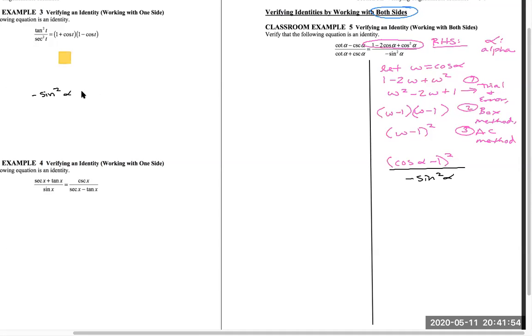For example, I know that cosine squared alpha plus sine squared alpha is equal to 1. To isolate a negative sine squared alpha, I'm going to subtract sine squared alpha from both sides first, and then I'm going to subtract 1 from both sides.